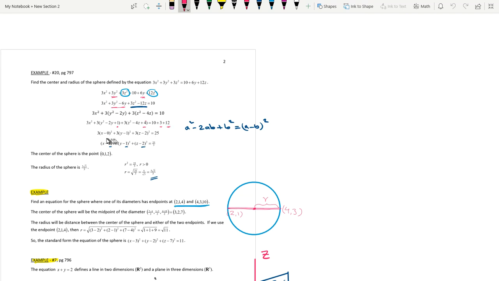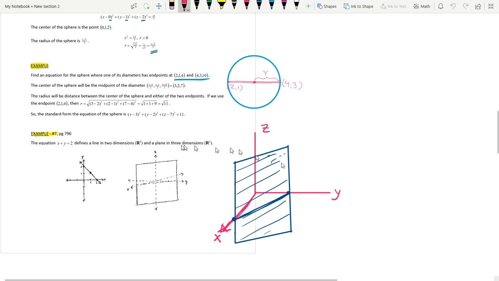Now, if you divide both sides by 3, you will get this equation, and this is r square. So what would be r? R would be square root of 25 over 3, which is 5 over square root of 3. So this is the standard form of the sphere, center at 0, 1, 2 and radius 5 over square root of 3.